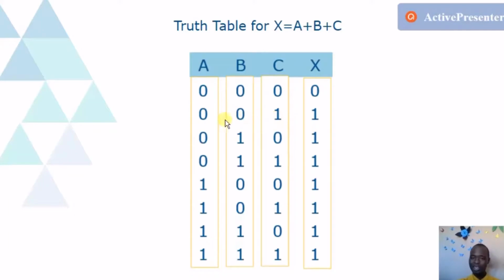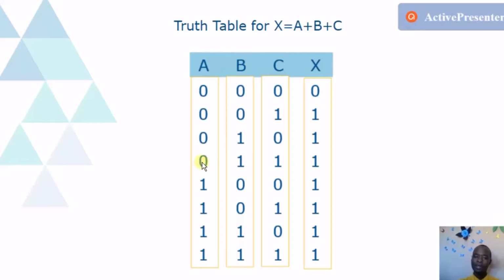Since we are having 1 here, the output will be what? Will be 1. Now you have 0 under A, and under B you have 1, which is equivalent to true. Then under C you have 0. Now this has qualified the whole thing to be true, which is 1.